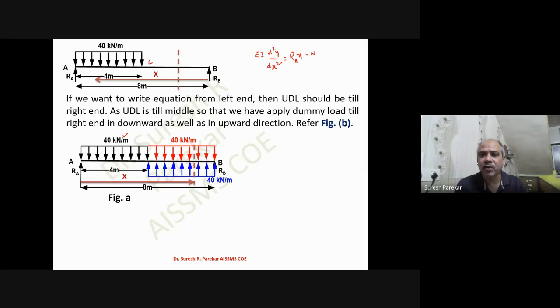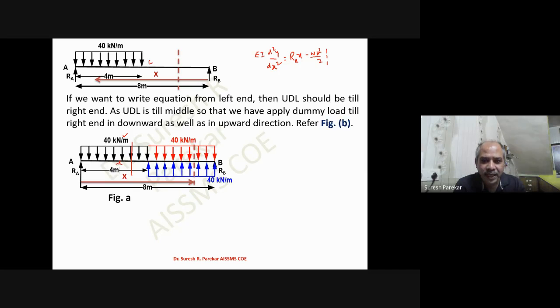But when we go to the second compartment, we have already seen my left portion I have to use as it is, but we cannot use it, because my UDL is till here, and to use it till this, my UDL should be till this. But if you go to this portion, then you have X, if you are first in this region, so I have this X, then I have this equation, RAX minus WX square by 2.